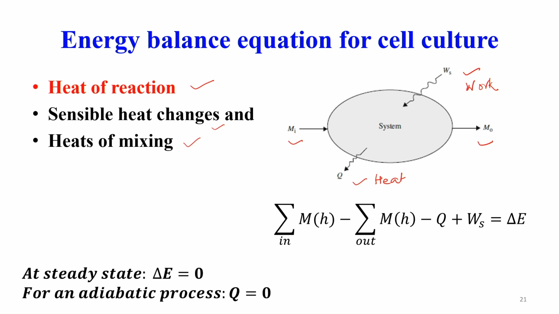Like mass balance, we can also do the energy balance. It says the heat coming in, m_i H_i, where H is enthalpy, minus m_o H_o going out, minus how much heat is lost, Q, minus the work done, Ws, equals delta E. Delta E is the change in energy, similar to accumulation.